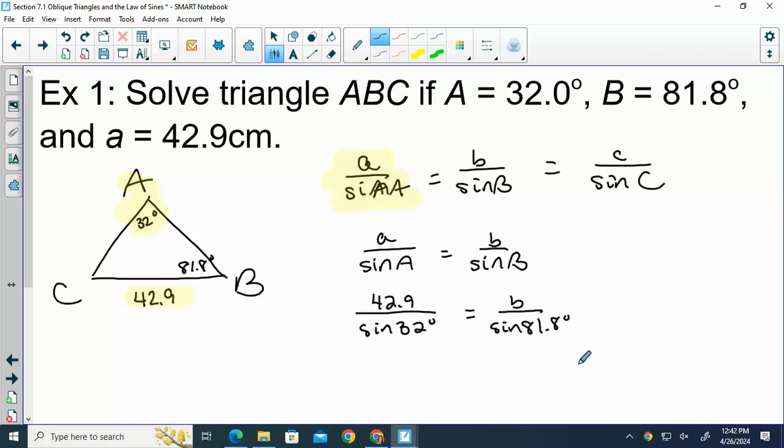Then how would you solve for B? Multiply by the sine. Okay, these are going to be calculator problems. What mode do I need to be in? Degree mode.